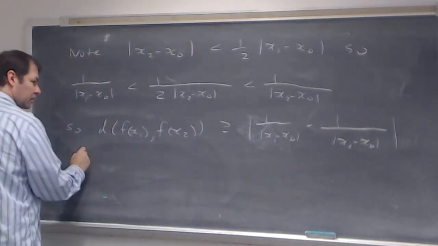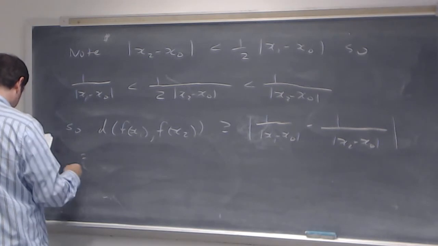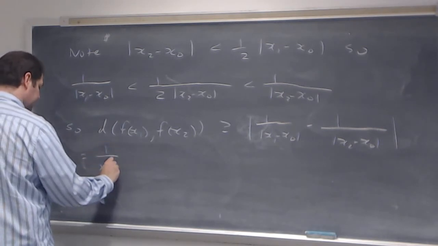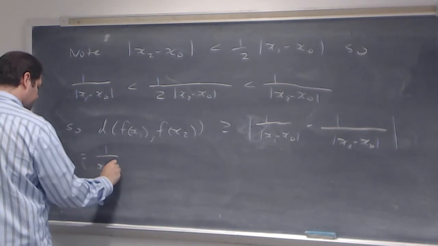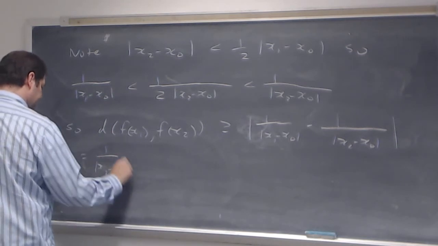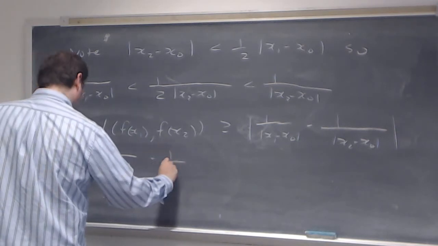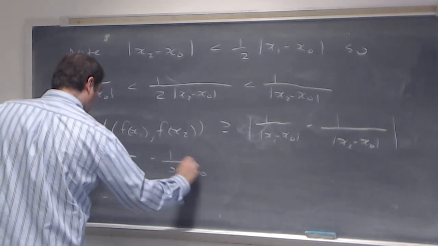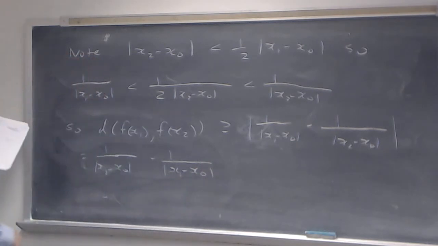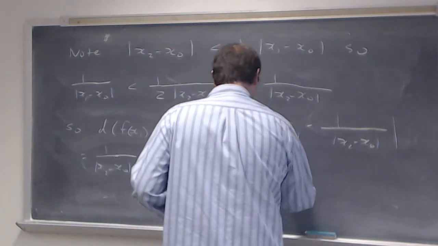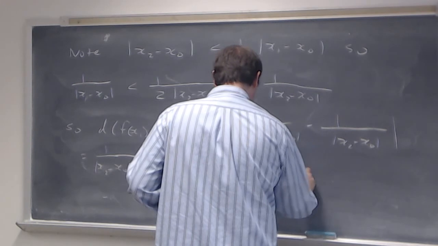So that's going to be equal to 1 over x of 2 minus x of 0, inside absolute values in the bottom, okay, minus 1 over x of 1 minus x of 0 in the bottom. And that is going to be bigger than 1 over the absolute value of x of 2 minus x of 0.